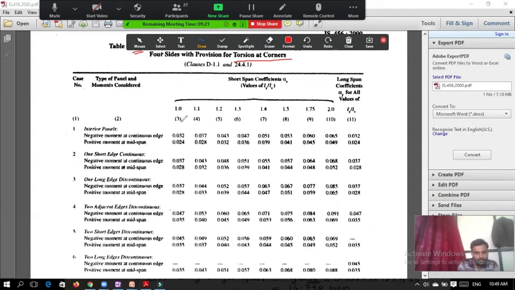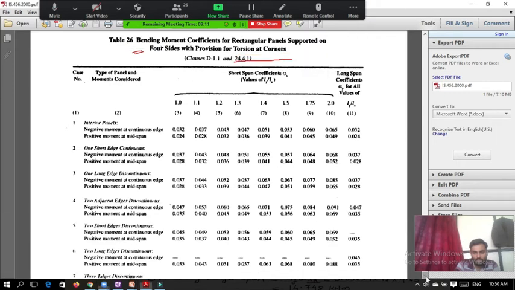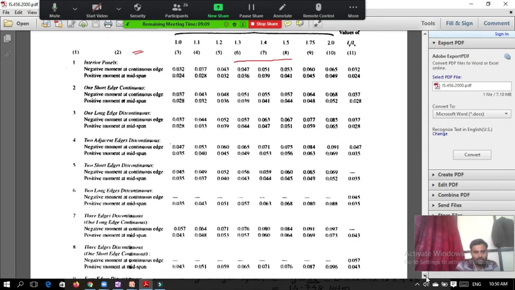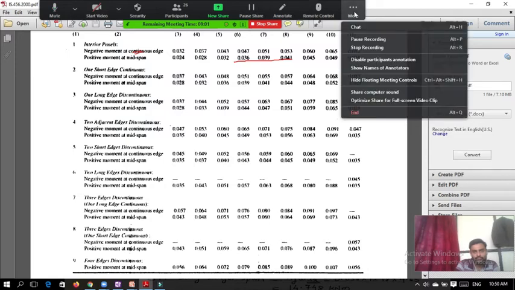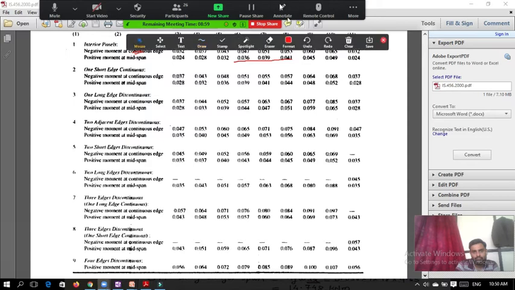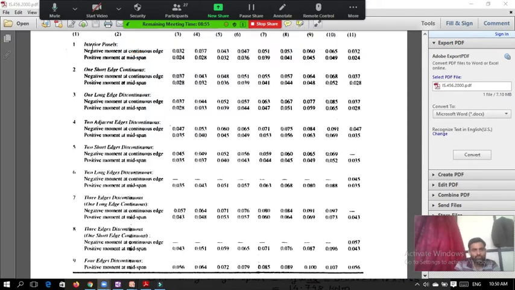Okay, so now if you observe carefully, different conditions are given over here. Total 9 conditions are there. So for different conditions we need to see which condition is our condition in the problem.